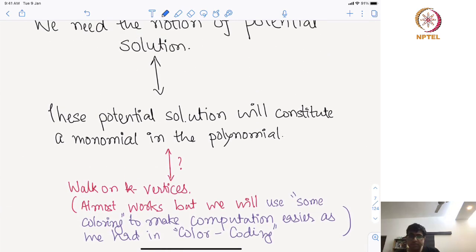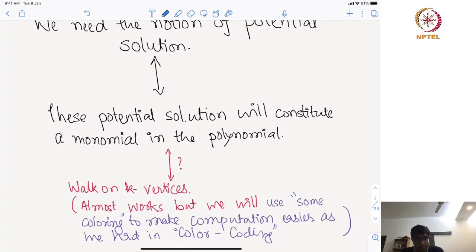Notice that when we were talking about, say, the Hamiltonian path algorithm using inclusion-exclusion, we talked about walks on K vertices. What is a walk on K vertices? It is K vertices such that vertices could repeat, and consecutive vertices have an edge between them.